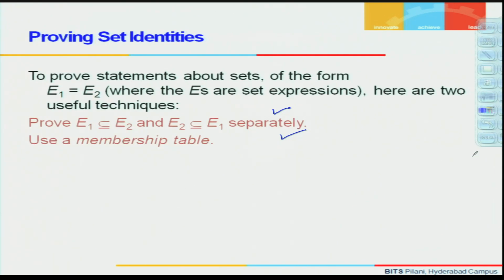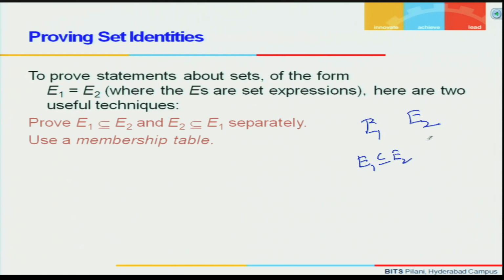Okay. Now we will see how to prove identities like the above, or any identities in set theory whatsoever. Basically, given two sets like E1 and E2, you have to show that they are equal. One methodology says to show that E1 is a subset of E2 and E2 is a subset of E1. This is one way; how you show it is up to you.